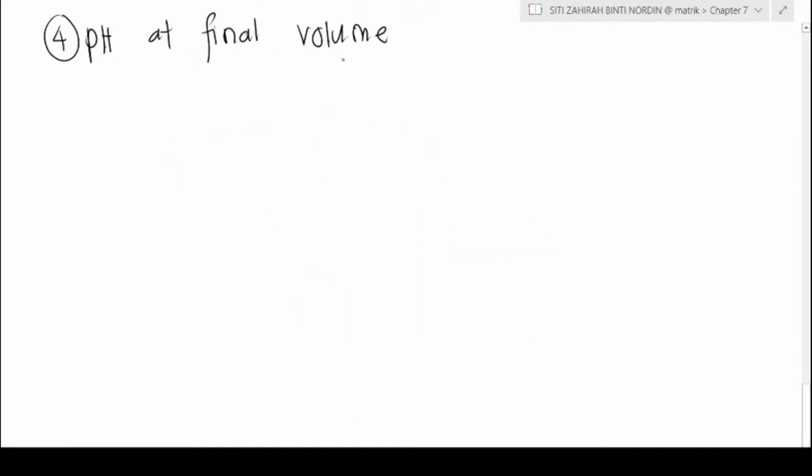For the pH at final volume of sodium hydroxide, we've used all the sodium hydroxide, so the volume of sodium hydroxide used would be all of it, 30 mL. Our total volume would be the volume of acid, 25, plus 30, that would be 55 mL.